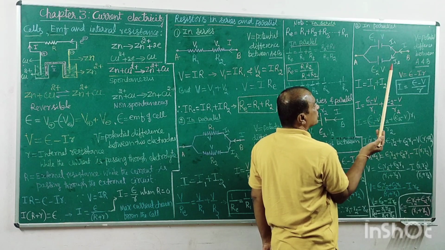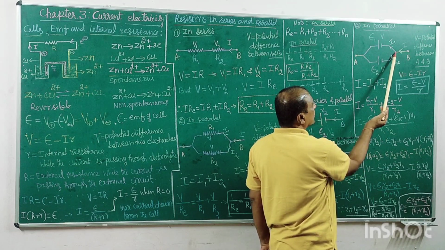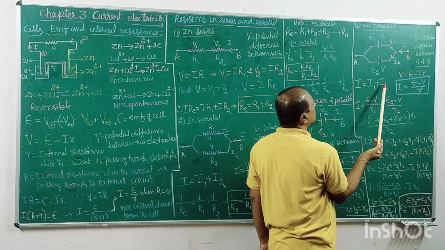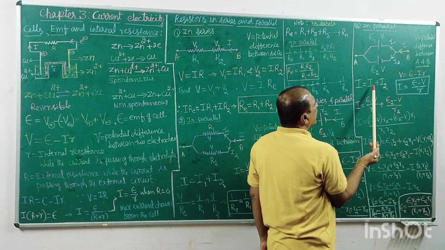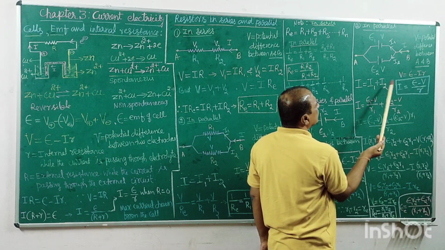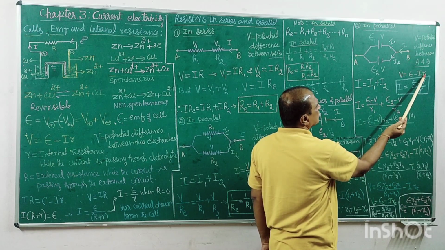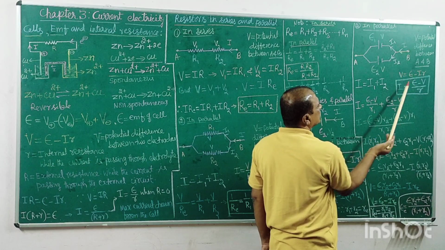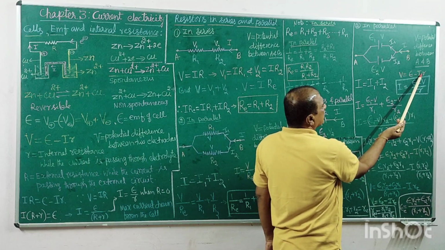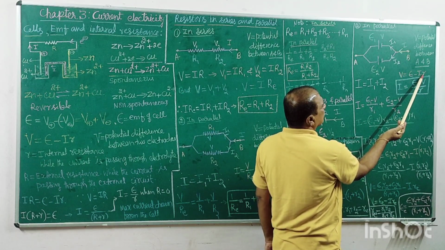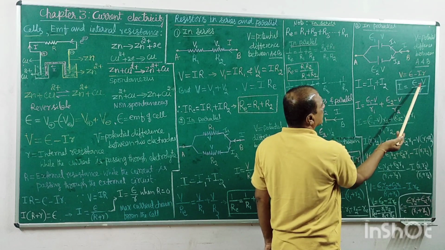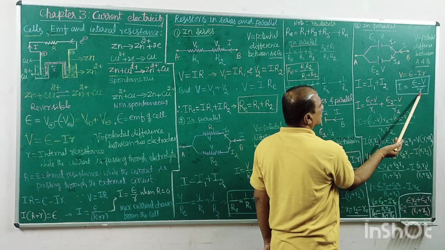Apply the same equation for this kind of network. I is I1 plus I2. Calculate I1 and I2 using the equation. This is V. What is I? Rewrite the same equation. Take V to the left hand side. We get epsilon minus V by R. I is equal to this.